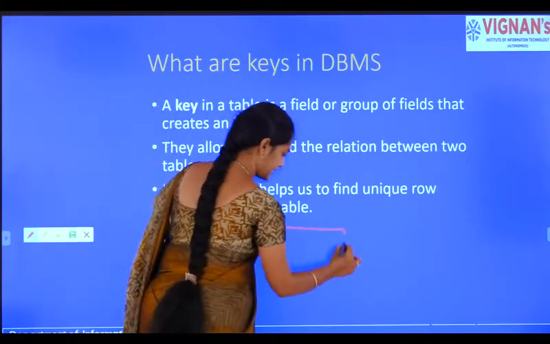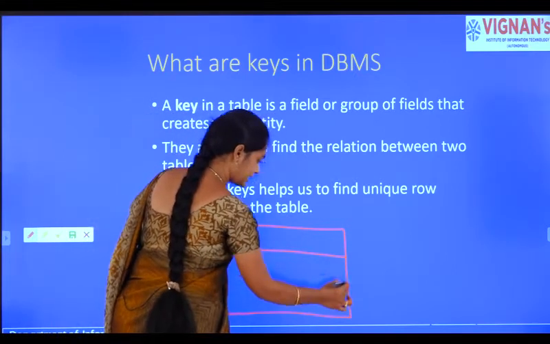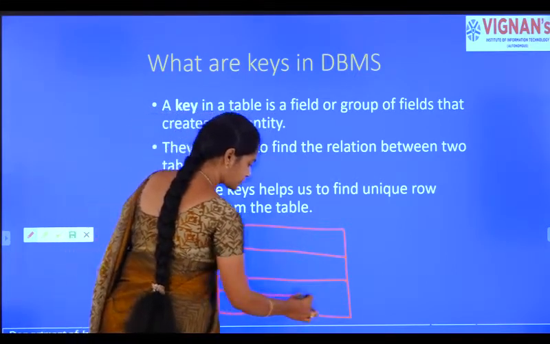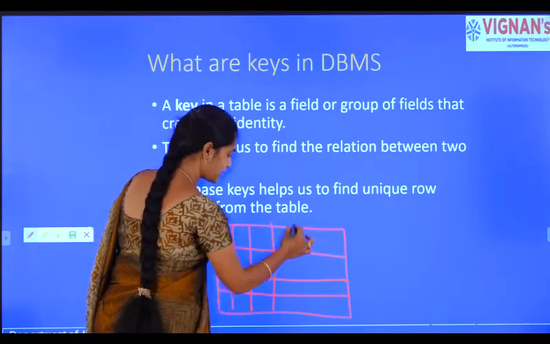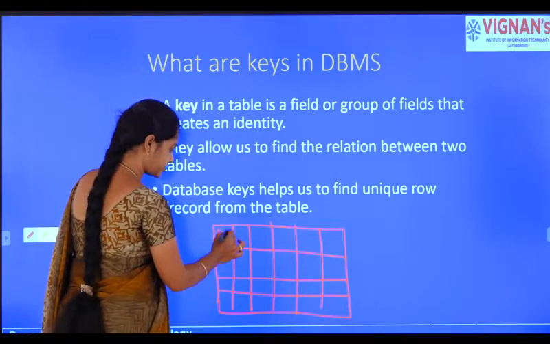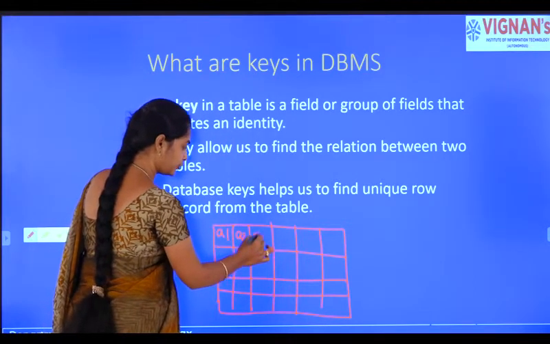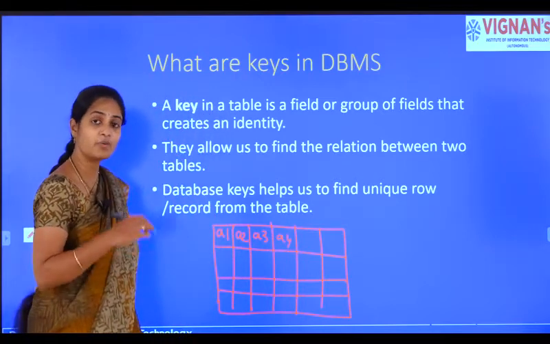A relation is nothing but a table, and a table is a collection of rows and columns. In this table we have attribute 1, attribute 2, 3, 4 and so on. Now, what is a key?